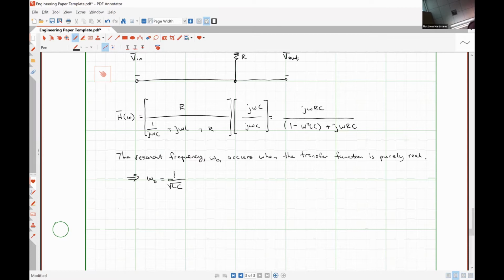So revisiting H of omega here, we multiply this by the complex conjugate of the denominator. So that would be 1 minus omega squared LC minus j omega RC. And that same thing in the denominator here.